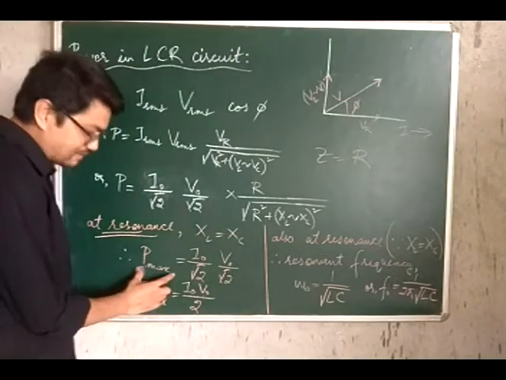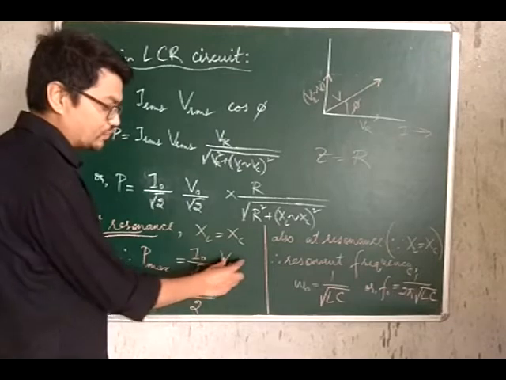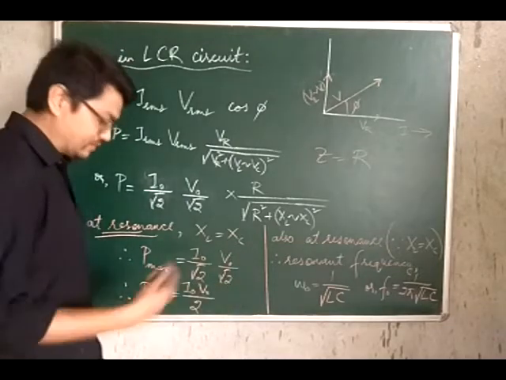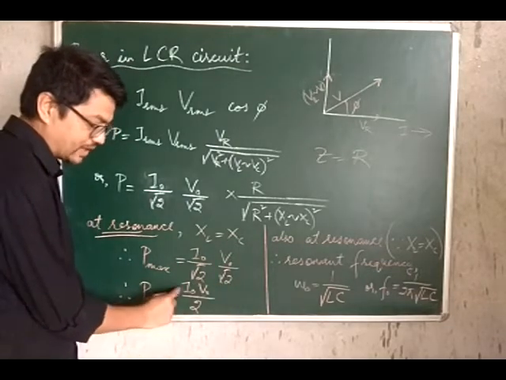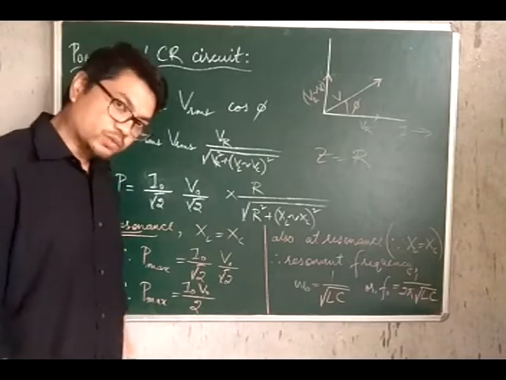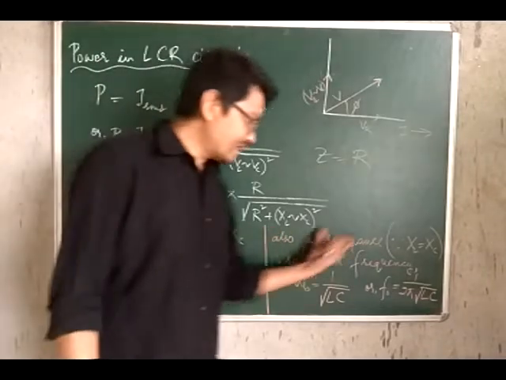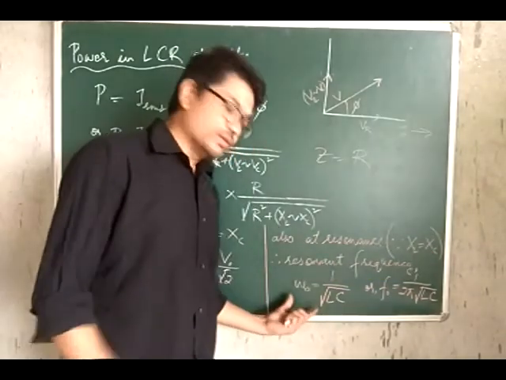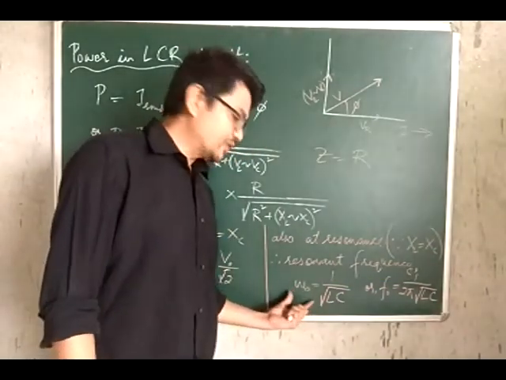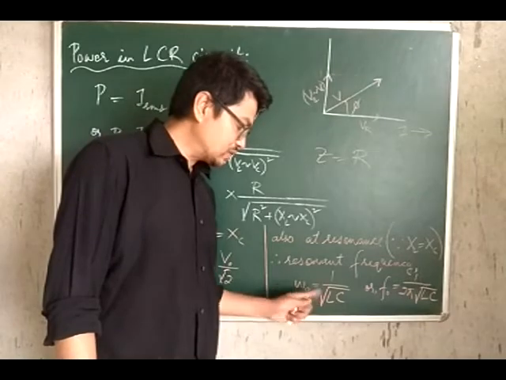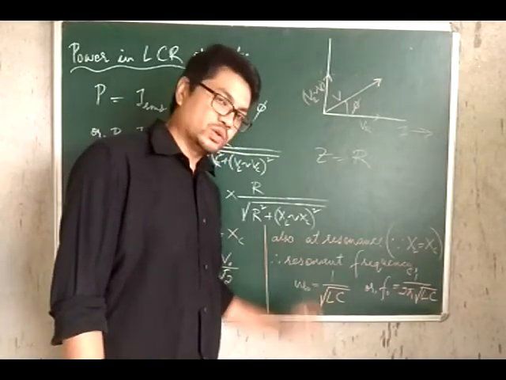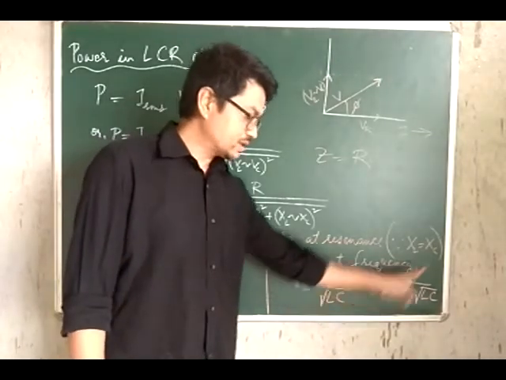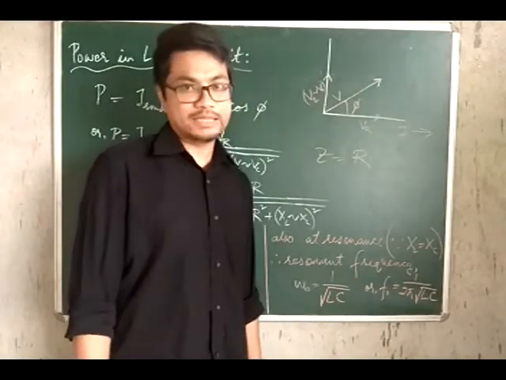So the maximum power is I naught by root 2 into V naught by root 2, which can be written as P max is equal to I naught V naught divided by 2. And don't forget also that at resonance, since X_L is equal to X_C, we've derived the resonant frequency omega naught is equal to 1 by root of LC, or f naught is 1 by 2 pi square root of LC.